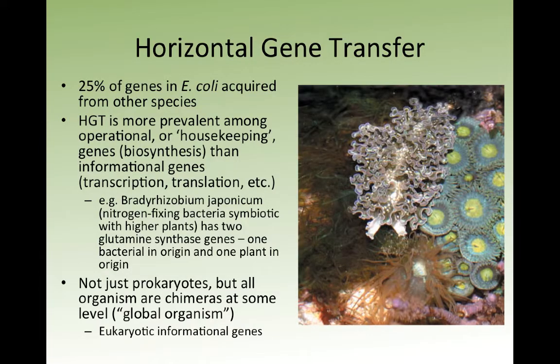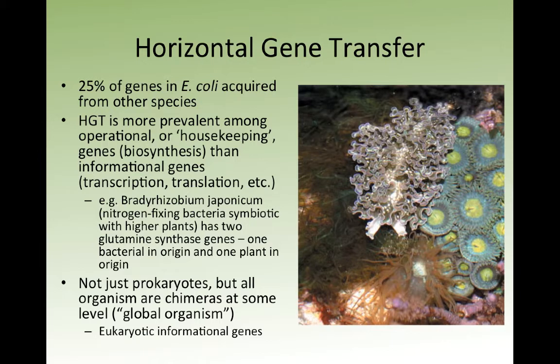If we look, especially at bacterial and archaean lineages, we can look at examples where we have species like E. coli, where about 25% of their genes, a quarter of their genes, were actually acquired from other species. What's interesting here is that if we look among all kinds of organisms, we can see massive examples where horizontal gene transfer has been incredibly important.